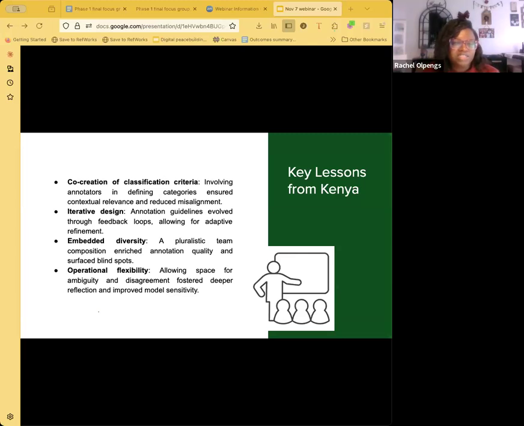And lastly, bringing in operational flexibility. We had instances where we had disagreements across some of the results we got, perhaps 3-2, 3 saying polarizing and 2 saying not polarizing, just based on understanding and experiences and perspectives.